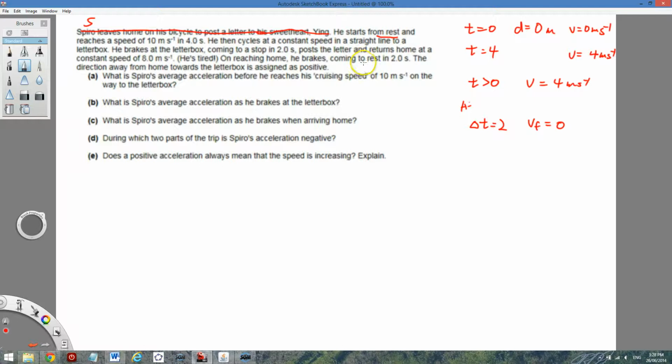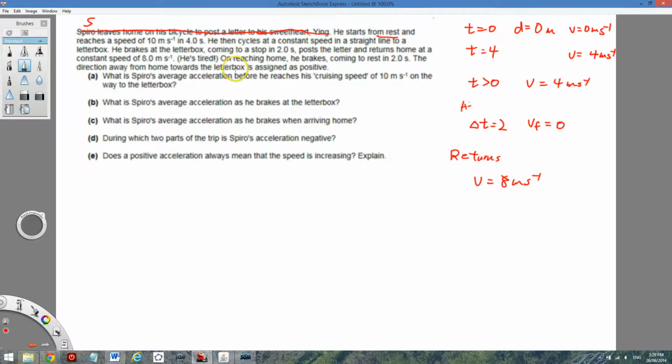Then he posted the letter and returned home at a constant speed of 8 meters per second. So that's forward, and then he returns home at a constant speed of 8 meters per second.